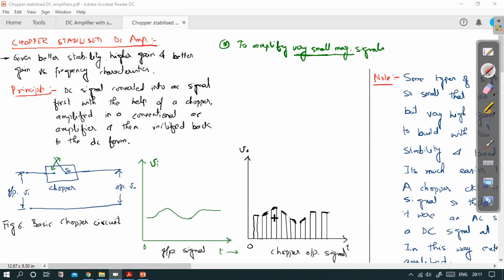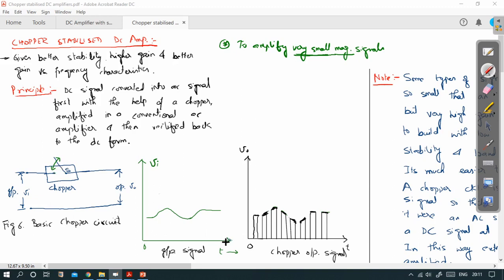The only difference is that in this output, the signal is present only for some duration of time. For other durations, the signal is simply not there, it is zero. Again for a small duration the signal is present, and for the next small duration it is not present. This happens because of the opening and closing of the switch.